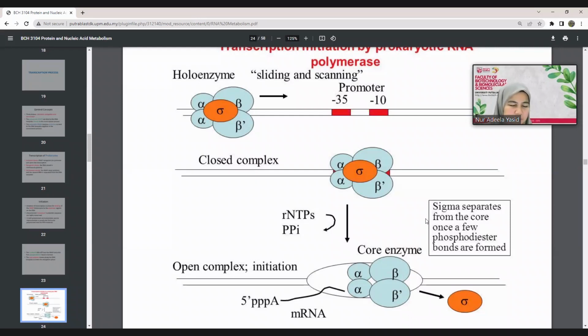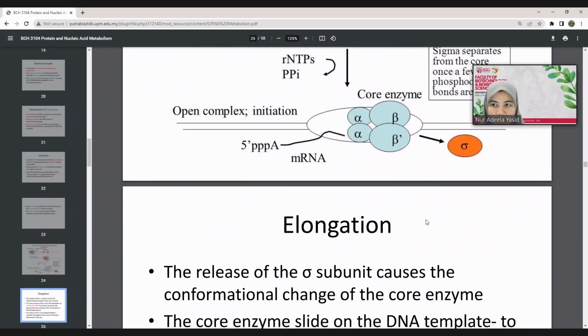At the same time, the sigma subunit falls off and dissociates from the RNA polymerase. This is when the phosphodiester bond is formed, and this is the situation that we call initiating the transcription process.